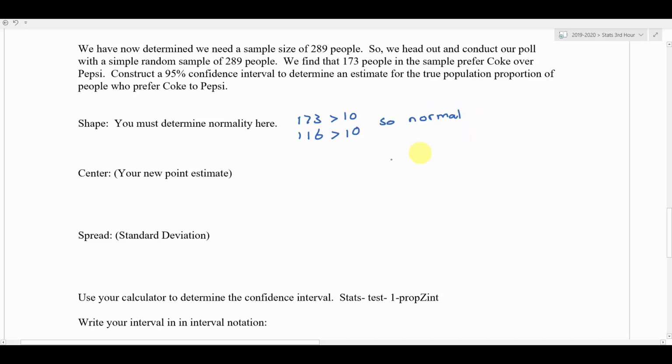Okay, our center, right? So remember, our center is going to be our new point estimate, right? So that's going to be 173 over 289. This gives me a new point estimate of 0.598615.